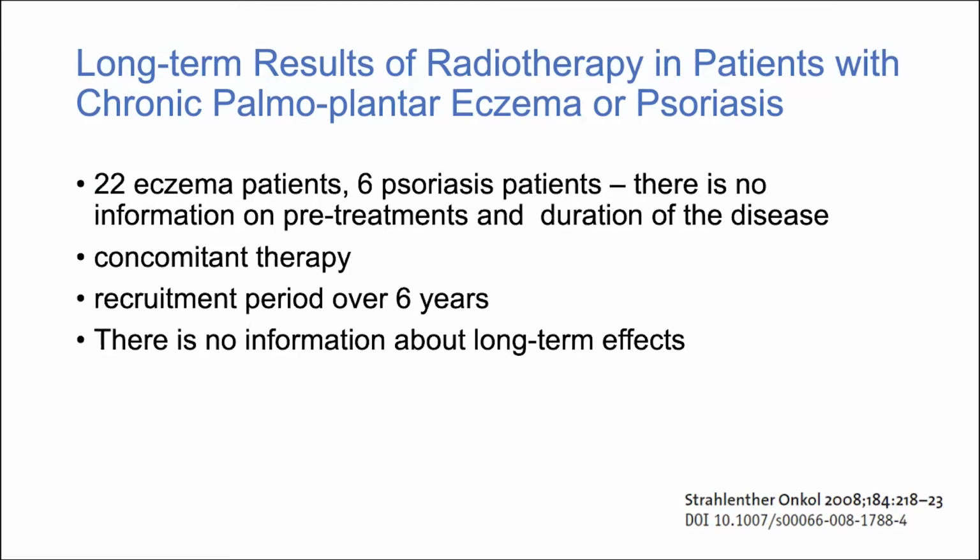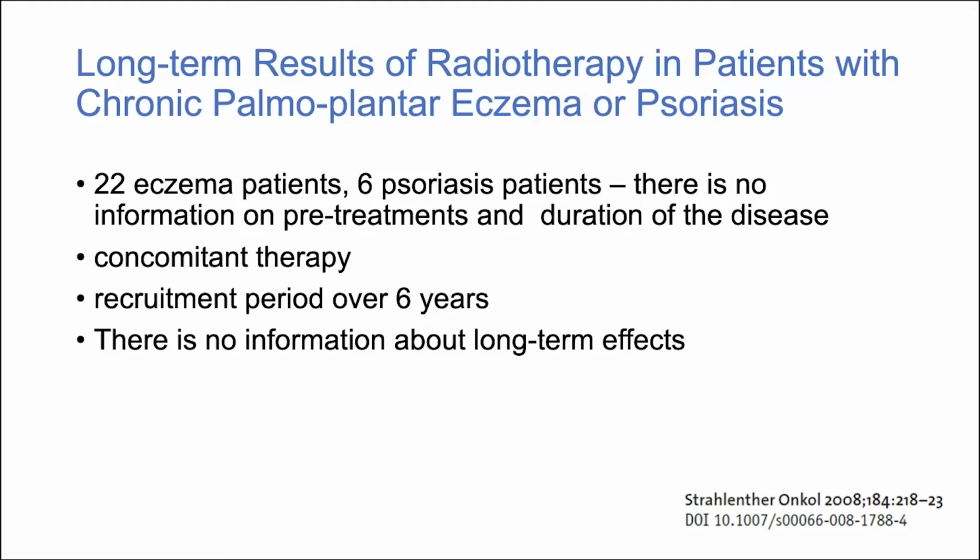Unfortunately, this publication has some shortcomings. Overall, the patient population is very heterogeneous. Most of the patients are suffering from eczema. It's not specified which pretreatments, the type of eczema, so chronic hyperkeratotic one versus dyshidrotic, whether it was in the context of atopic dermatitis, no information on the duration of the disease.